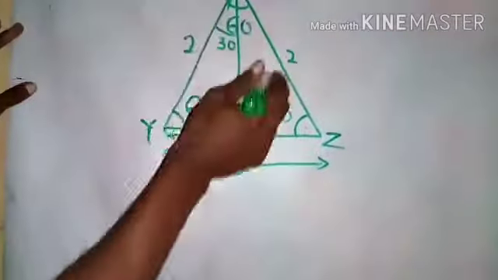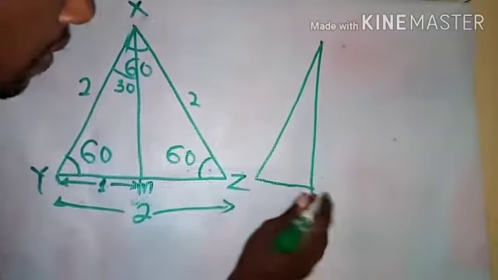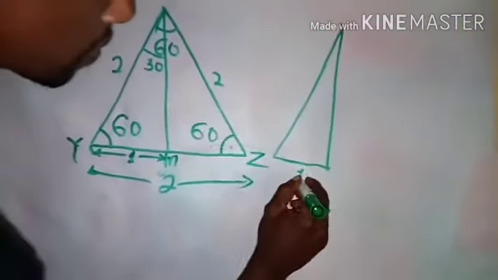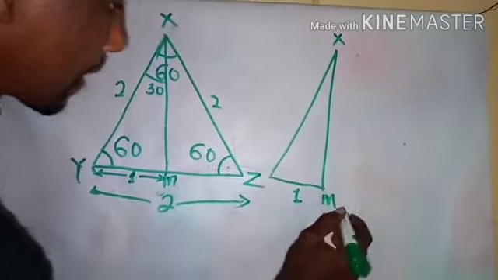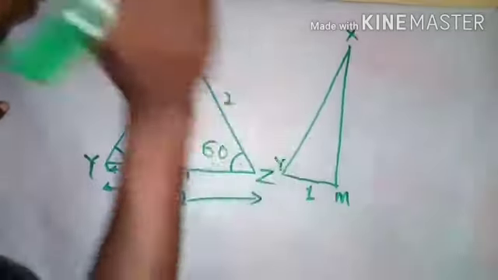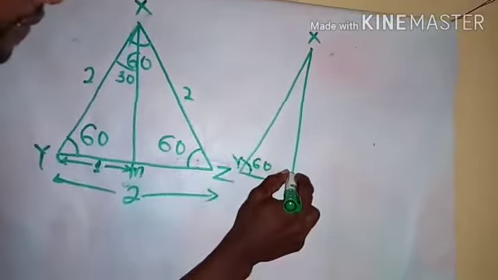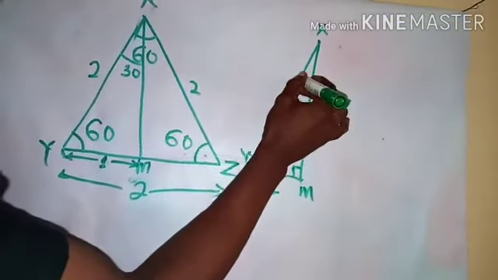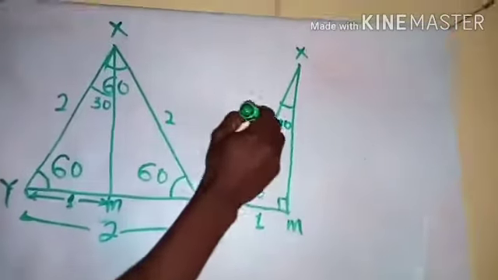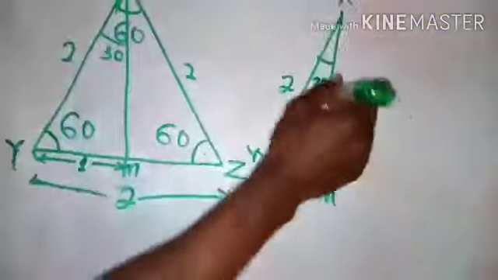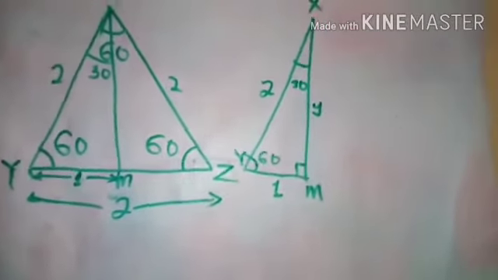So we are going to pick triangle x, m, y. You know that this is 60, this is 90 degrees, and this is what? 30 degrees. We know that this side is 2. So we are looking for this side y.